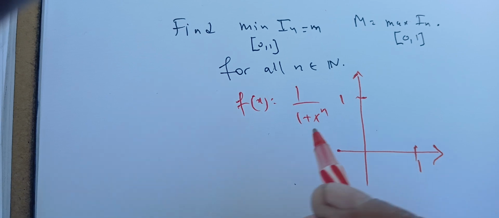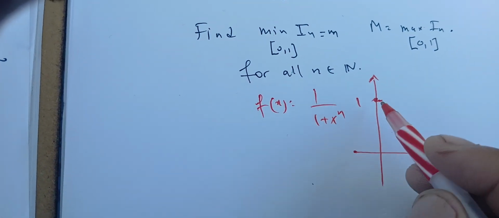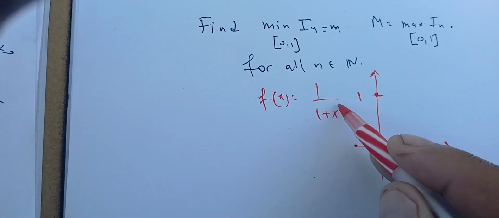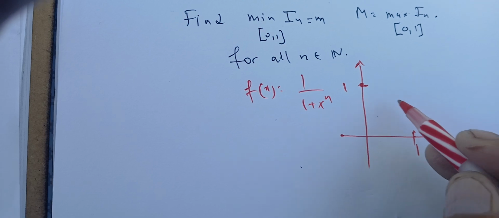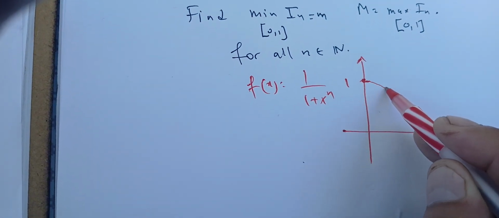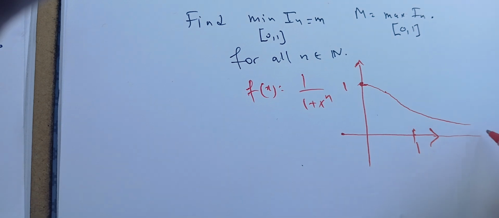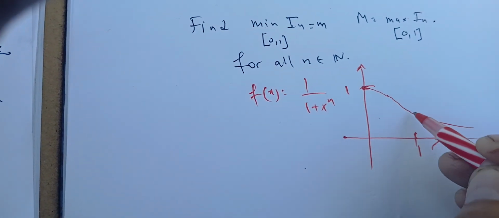When x is 0, it starts from 1, and it keeps decreasing. As x gets bigger, this function is going to decrease.